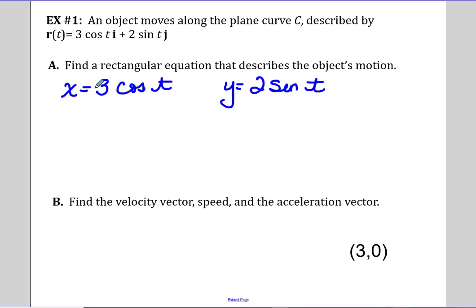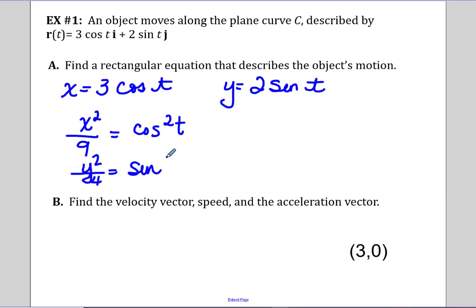So if we divided both sides here by 3 and squared that, we would have x squared over 9 equal to cosine squared t. And similarly here, y squared over 4 would be equal to sine squared t.